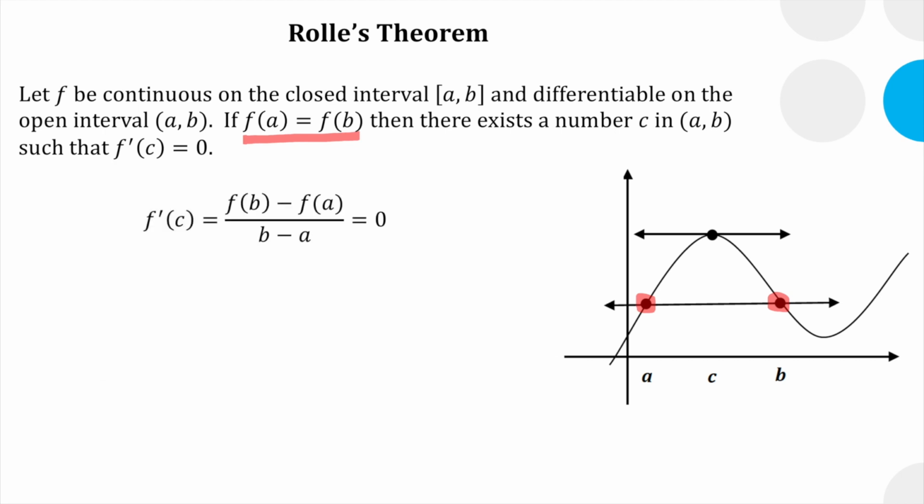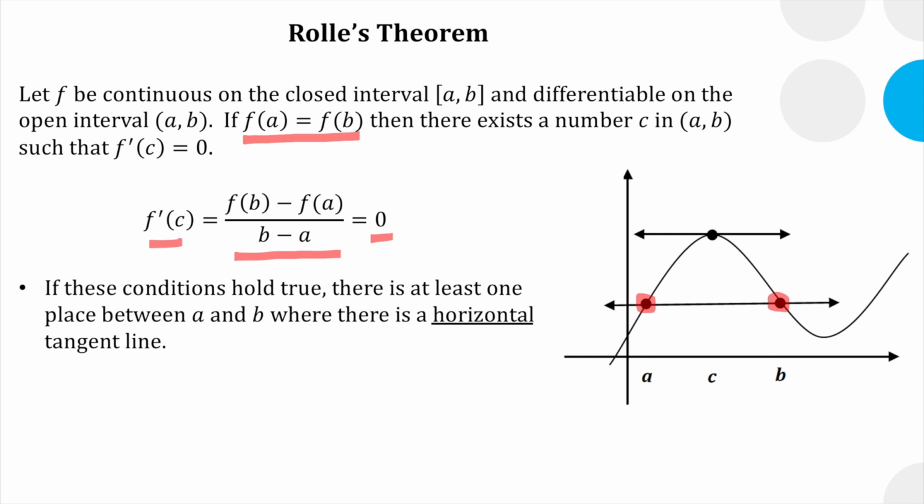So the slope of the tangent line equals the slope of the secant line, which is 0. In other words, if these conditions hold true, there's at least one place between a and b where there is a horizontal tangent line, because the graph has to turn around to get back where it started.